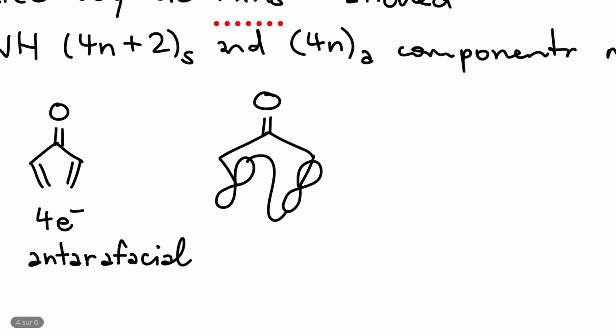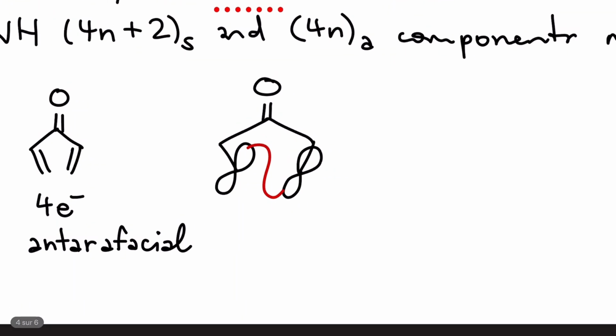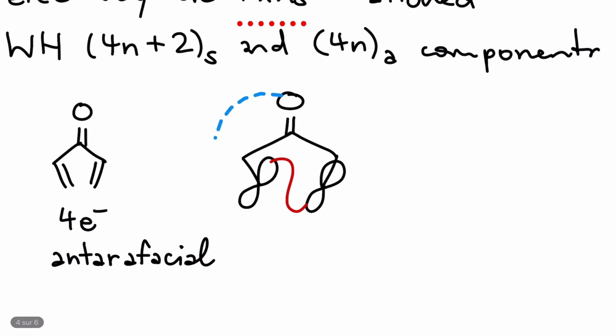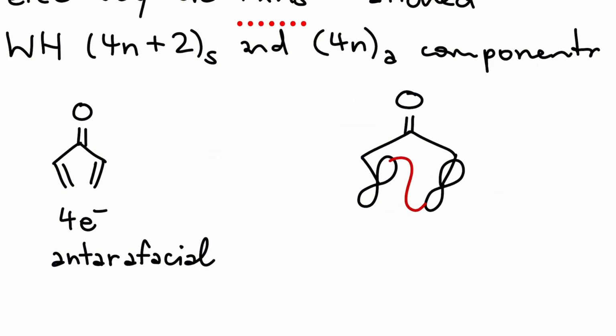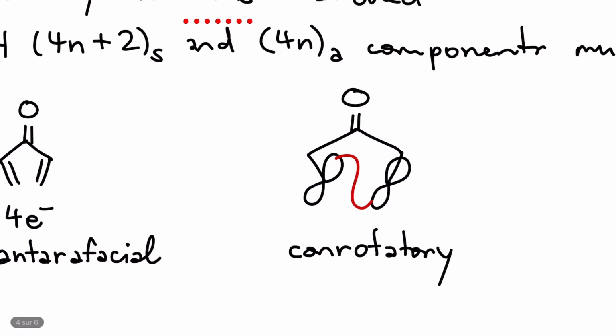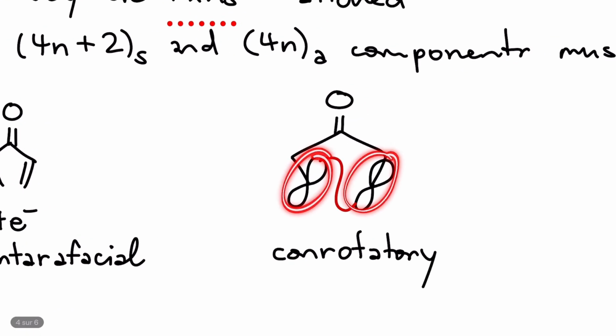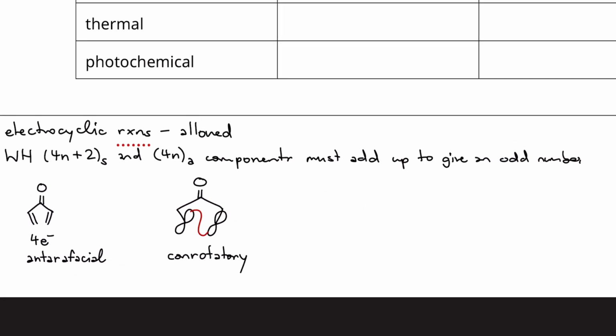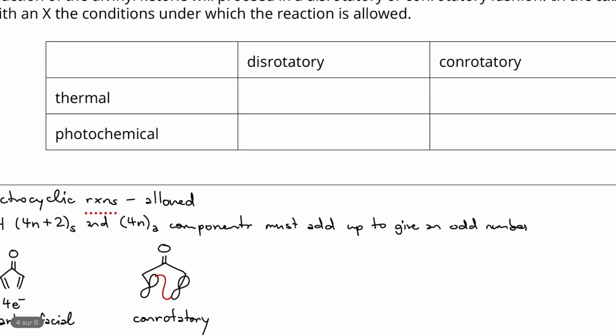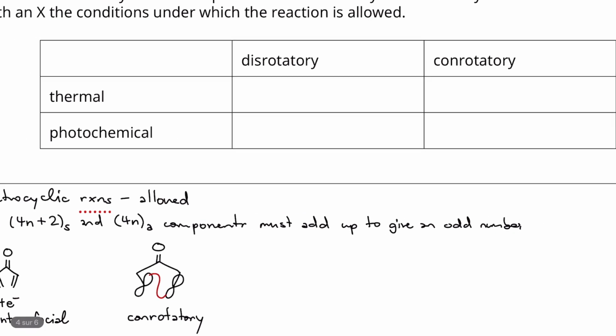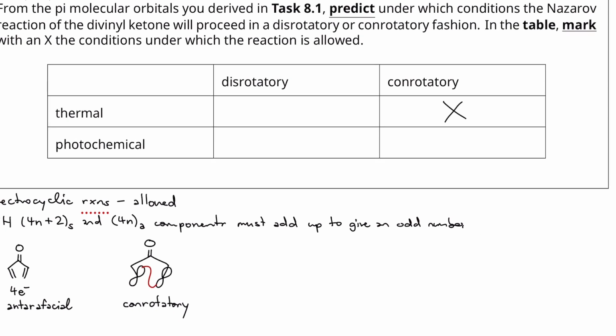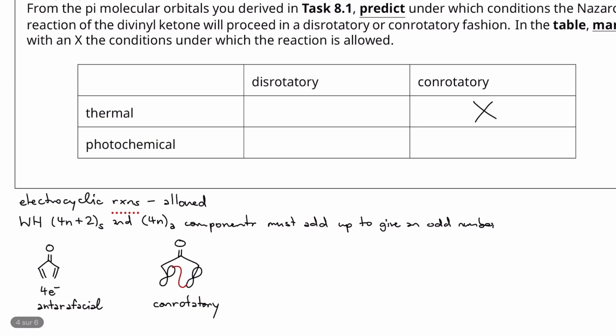This is antarafacial, because the top lobe lines up with the bottom lobe, and this rotation is called conrotatory. As you can see, the p orbitals rotate in the same direction, so it must be conrotatory. So when you do it thermally, this reaction will proceed conrotatory, and with photochemistry it will be the opposite, so it's going to be disrotatory.